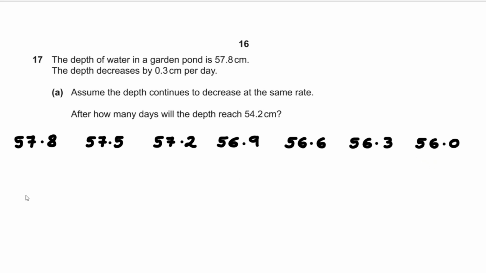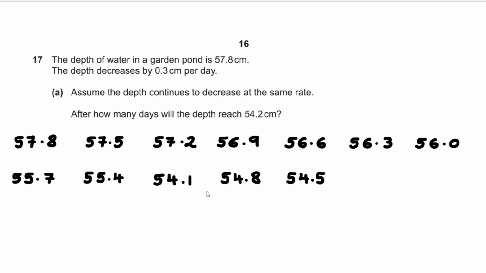Subtract another 0.3 we get 55.7. Subtract another 0.3 we get 55.4. Subtract another 0.3, we get 55.1. Subtract another 0.3, we get 54.8. Subtract another 0.3, we get 54.5. Subtract another 0.3, we get 54.2.